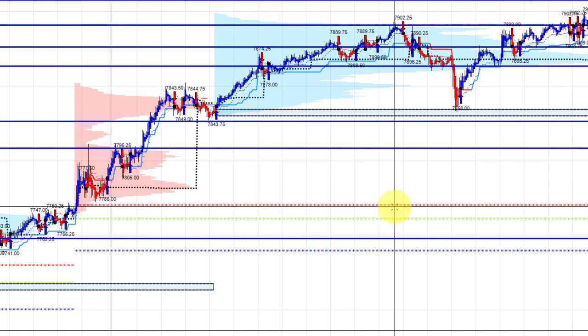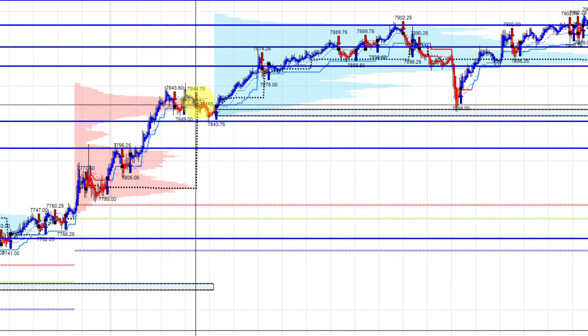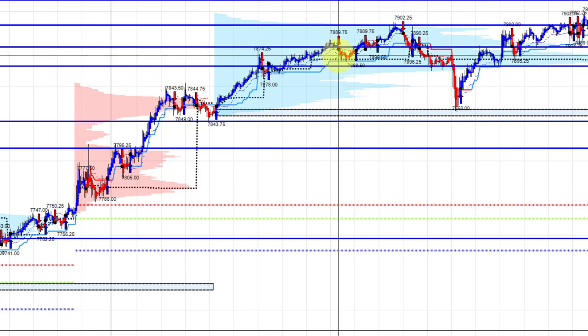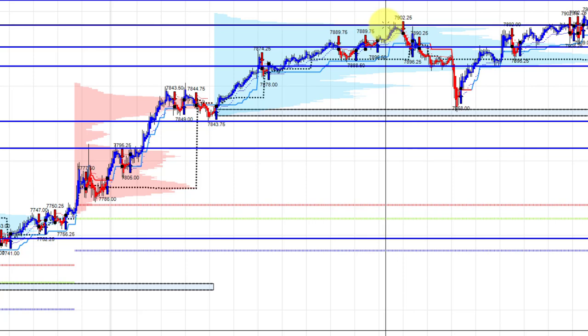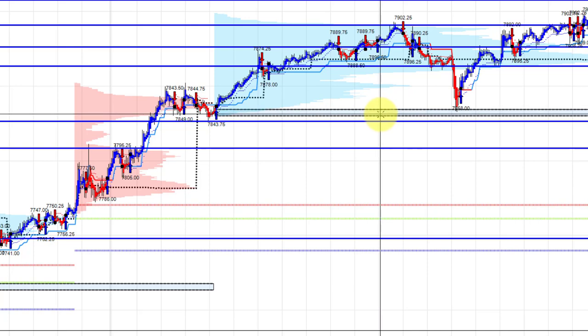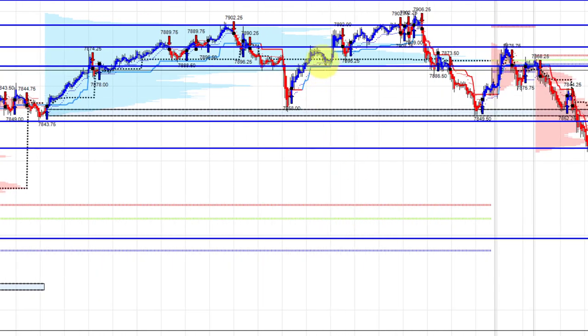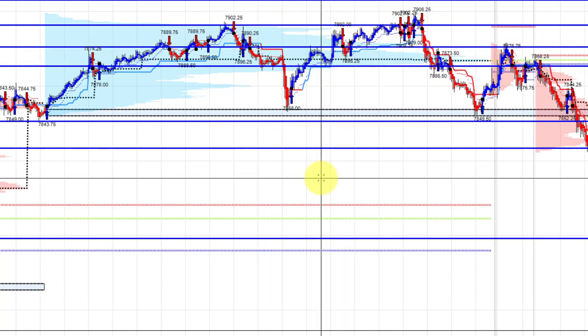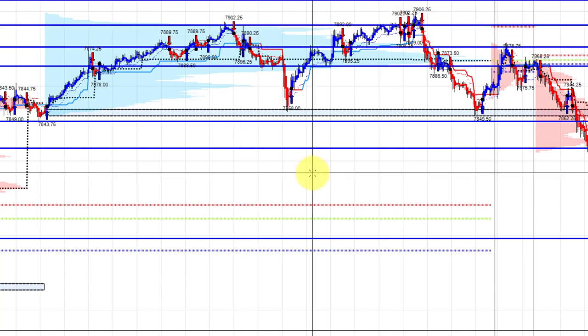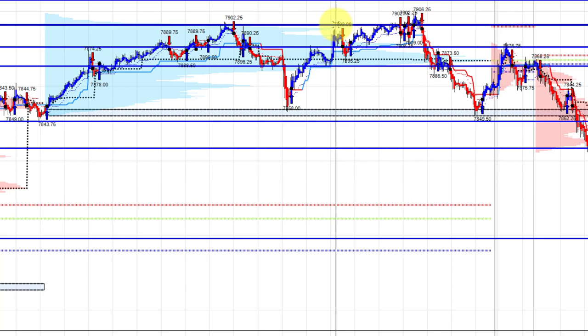Then into the regular session, these three levels first met resistance here, then here, and then here, and then it pulled back, and this was support, and then that support didn't hold right here, and then the market tested the open, which is this right here, and then as it came back up, it once again interacted with these levels exactly. And then of course the high of this day was in this 7909 area, so that remained an area of interest.